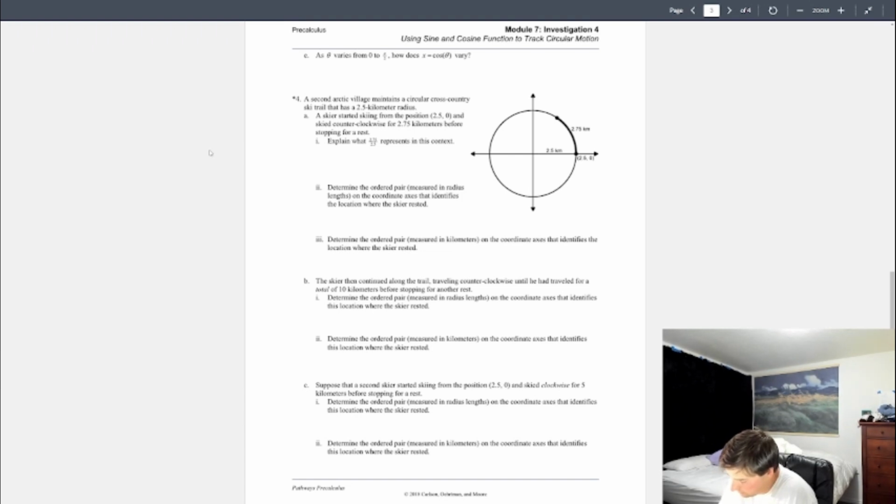I'll follow that one up for the professor. Represents theta, the angle from the origin.